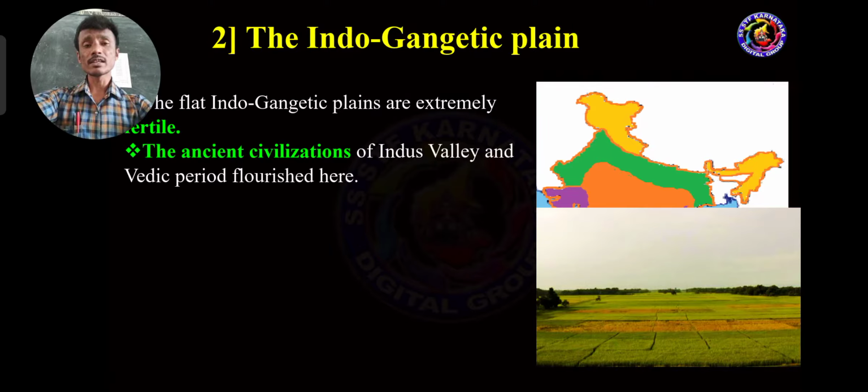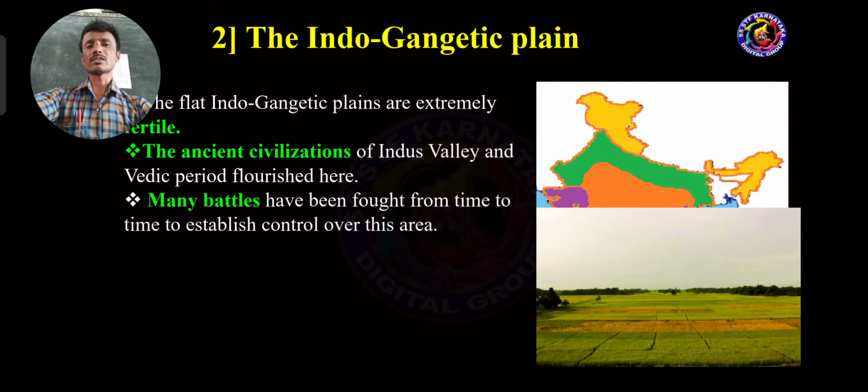Because the northern part is extremely flat and the soil is of high quality, and where there is quality soil, it is 100% possible to produce more food grains. That is why civilizations came into existence in these places.